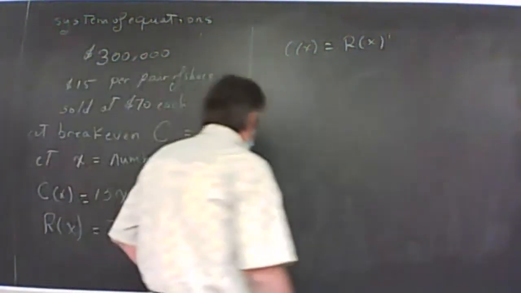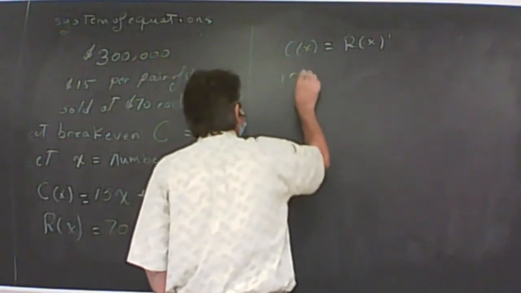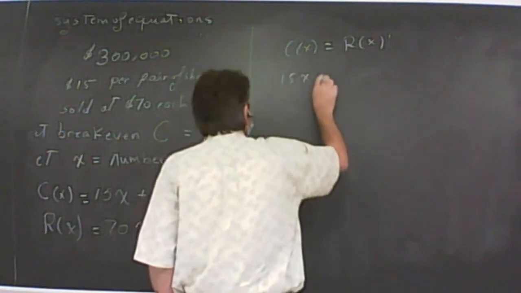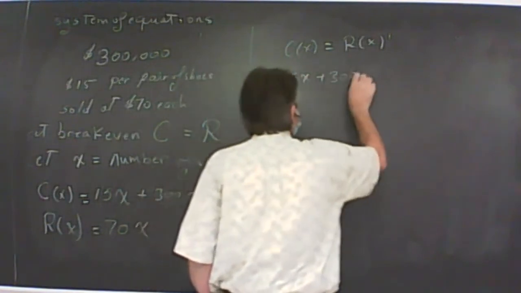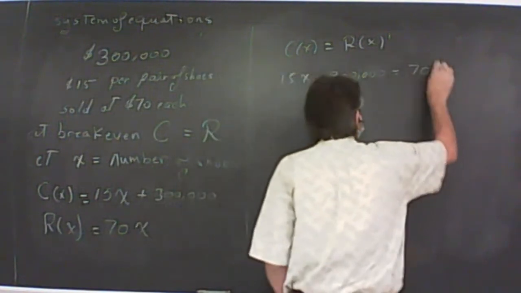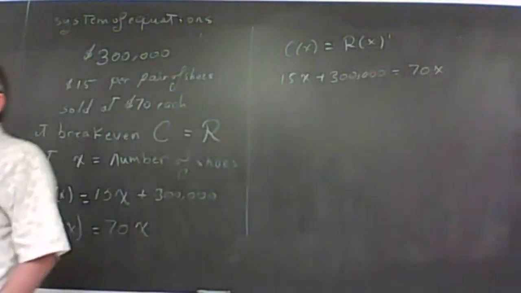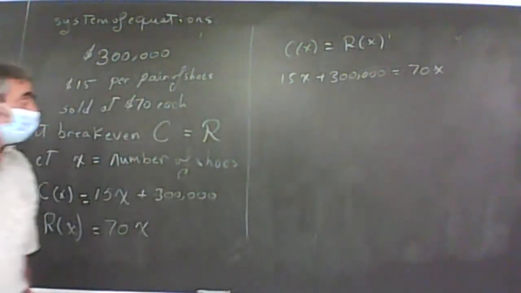So what is the cost function? 15x plus 300,000 equals 70x. Correct?